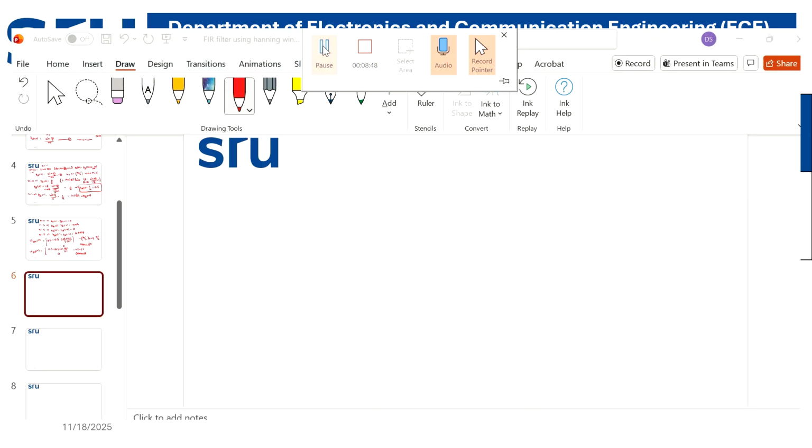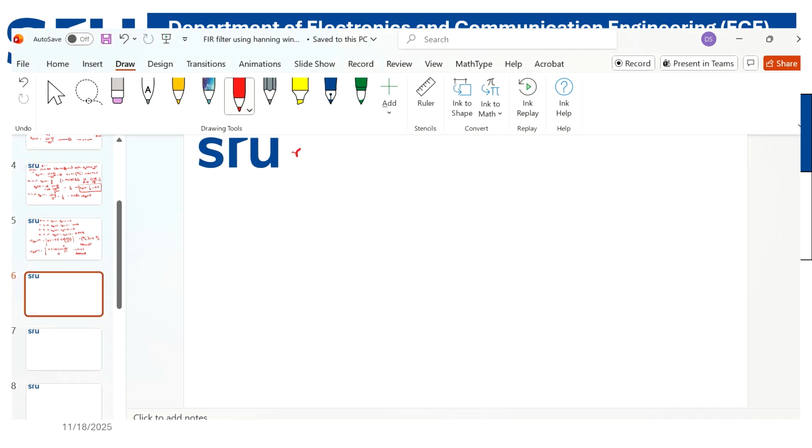Now using the same symmetric property, if I substitute n is equal to 0 in Hanning window, then it is 0.5 plus 0.5 cos 0. So the value is 1, 0.5 plus 0.5, 1. Next substitute n is equal to 1.